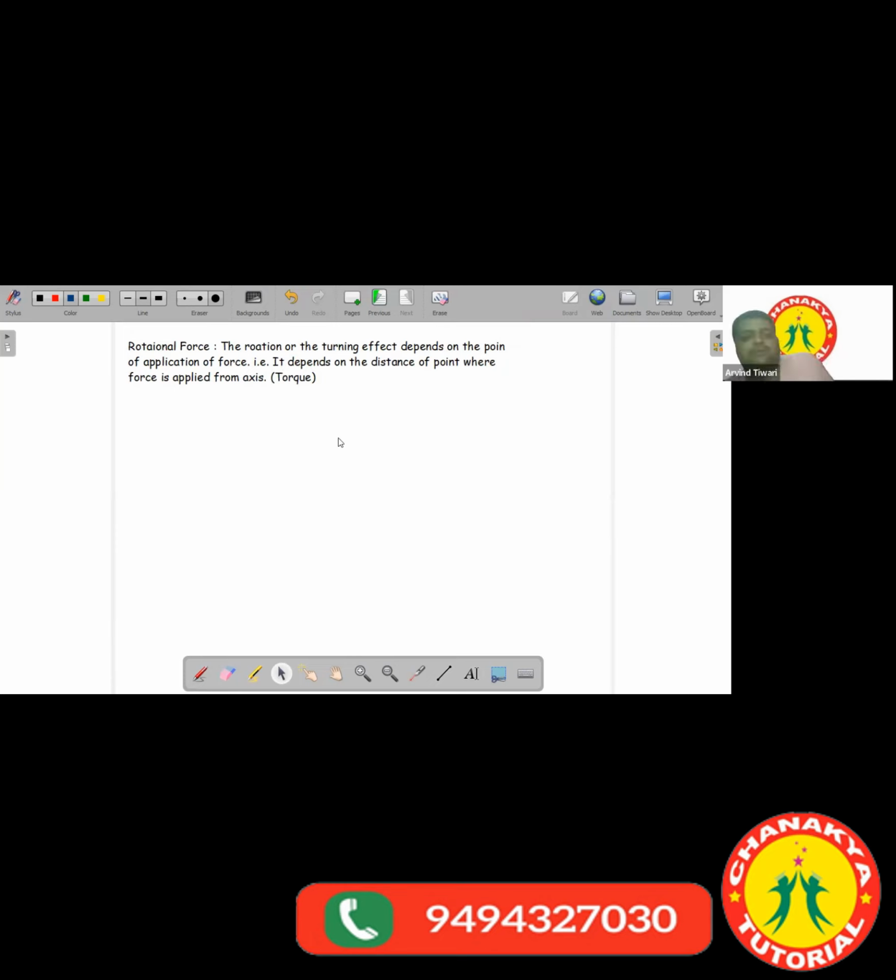So suppose we have a rigid body, and for this rigid body we are applying some force. Let's say you have the axis of rotation passing through this point. Let this be the axis of rotation, and through this axis of rotation it is to be rotated.